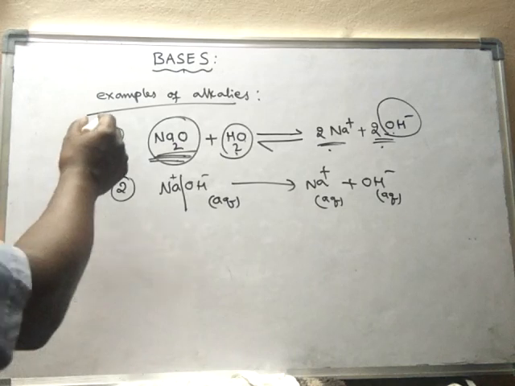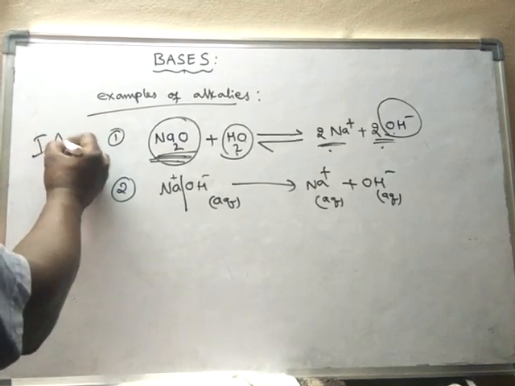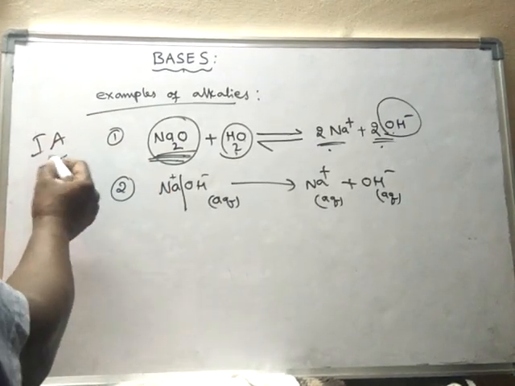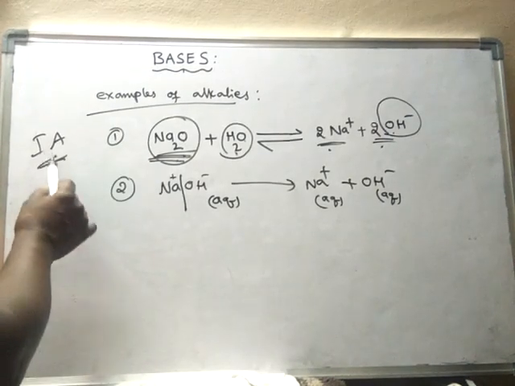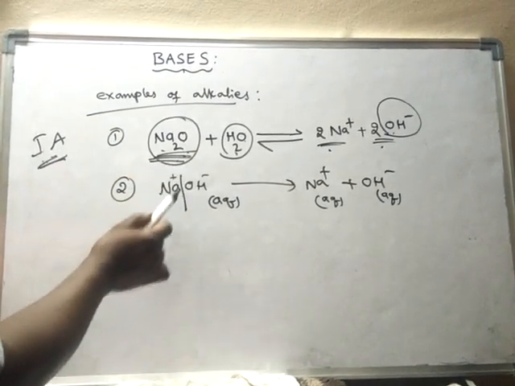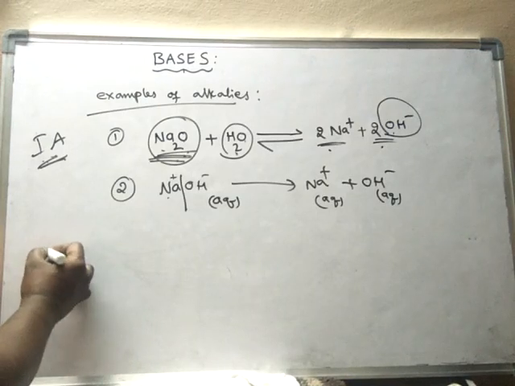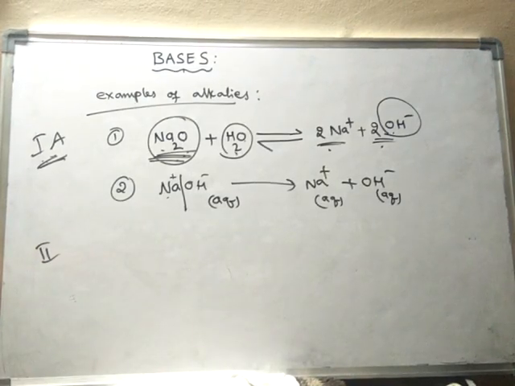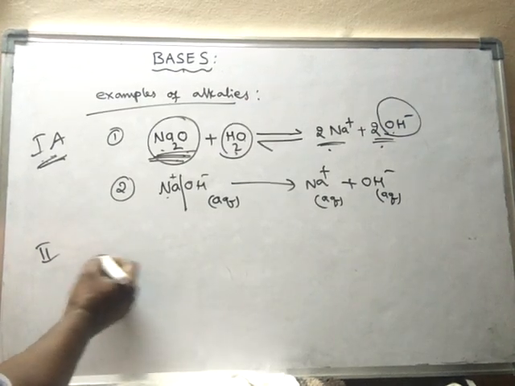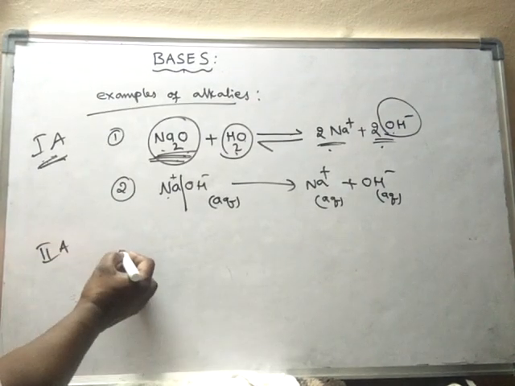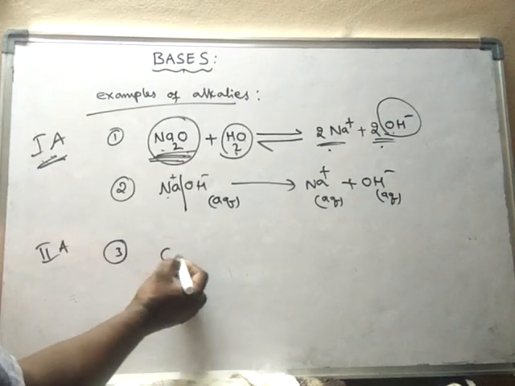So this is an example for first A group metals, their oxides and their hydroxides. Now an example for second A group metal oxides and their hydroxides. We will take calcium oxide.